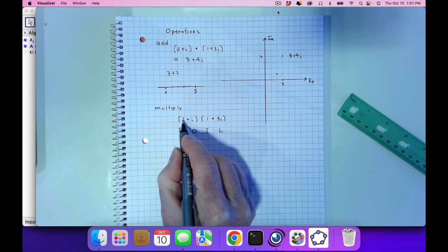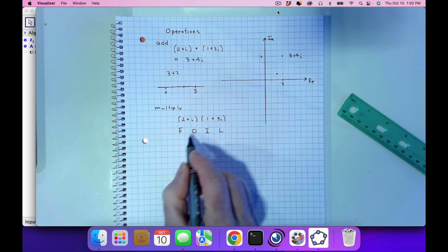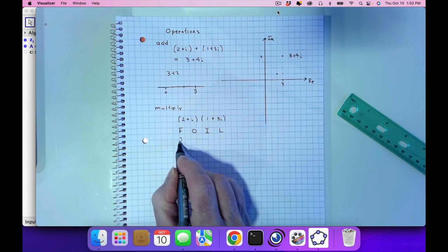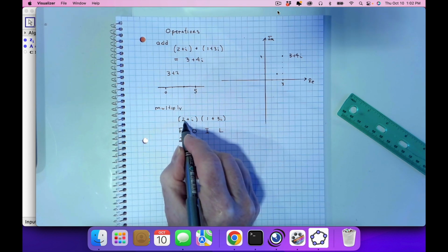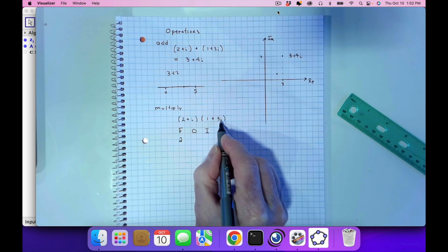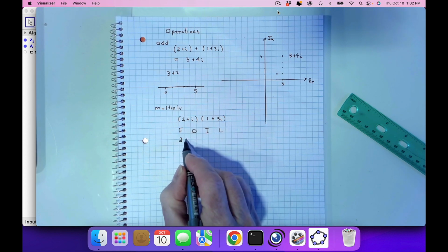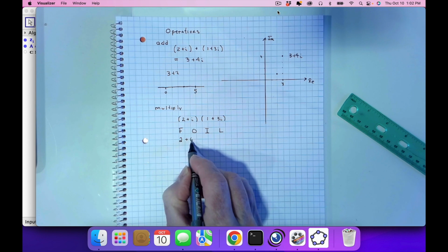So we take the first two and multiply them by each other, which gives us 2. I'm going to take the outer, which is 2 times 3i, which gives me 6i.